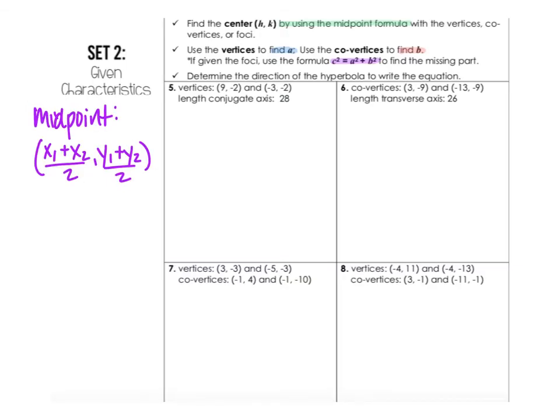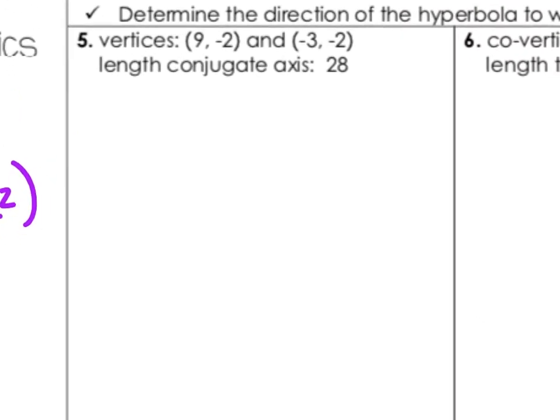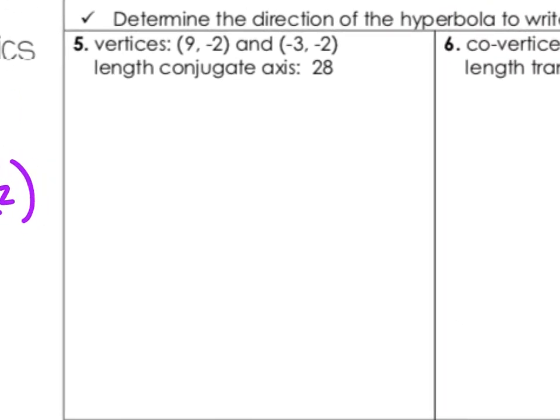So let's go ahead and take a look at example 5. Notice that the first thing we will need to do here is use the midpoint formula and the two vertices to find the center of the hyperbola. So we have 9, -2, and -3, -2. So for the midpoint, we just take the two x's, 9 plus -3 over 2.